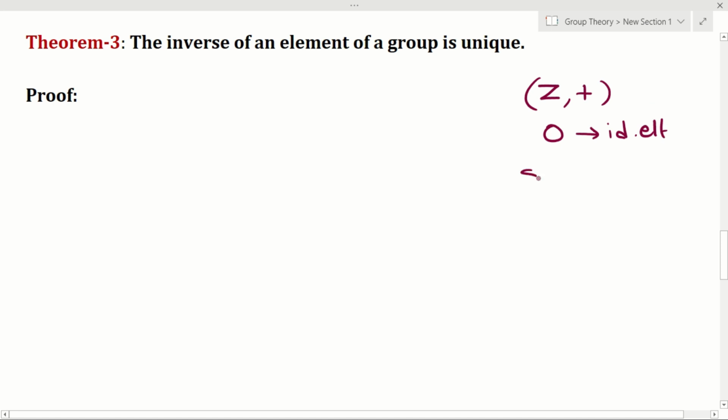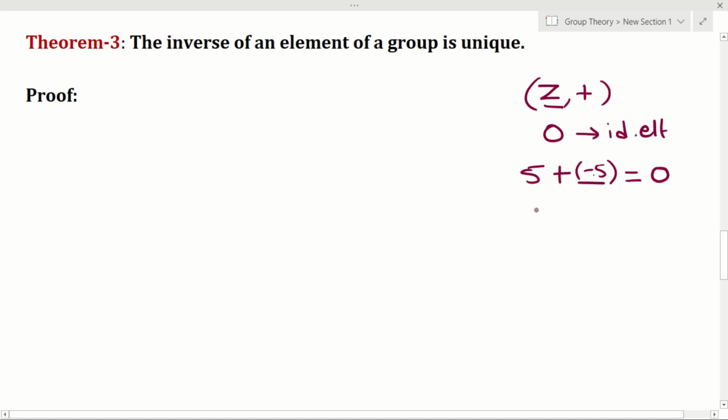Suppose we consider 5, what is the inverse of 5? That means what is the number we should add so that on the right hand side I get identity, and clearly that number is minus 5. Does minus 5 belong to Z? Yes. Therefore the inverse of 5 exists, that is minus 5.